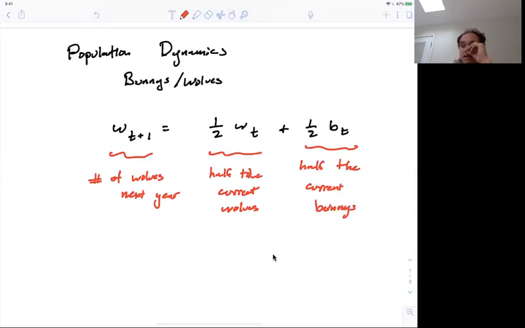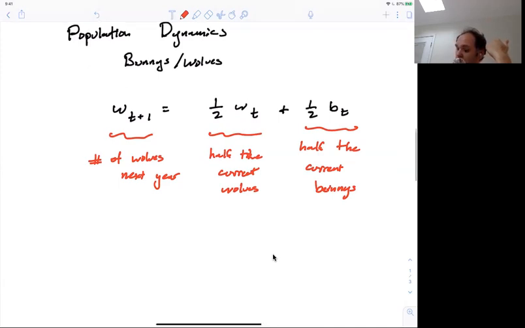You can think of this as some of the wolves are going to die out, but some of them will be saved if there are enough bunnies to feed them. And then likewise, we can look at the number of bunnies from year to year. The number of bunnies is going to depend strongly on the number of wolves. If there are a lot of wolves, they're going to be eaten.